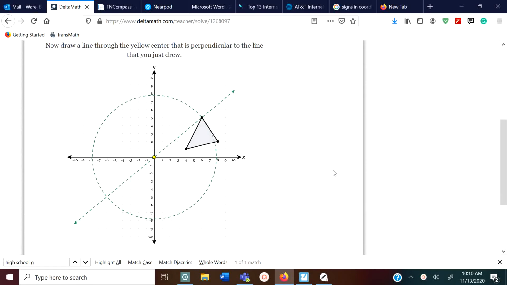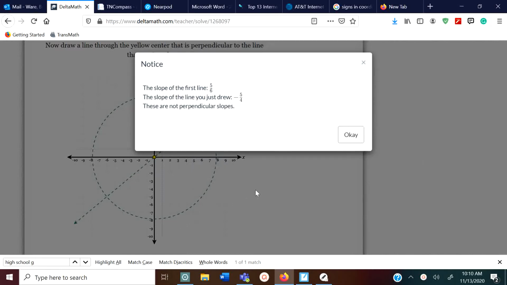Now we want to draw a line that's perpendicular. It may not be right, but I'm going to drag a line about right here. Not right. It says the slope of the line I have is 5/6, but I've got -5/4. I don't want that. I want -6/5. We're going to flip that number upside down and change it from positive to negative.